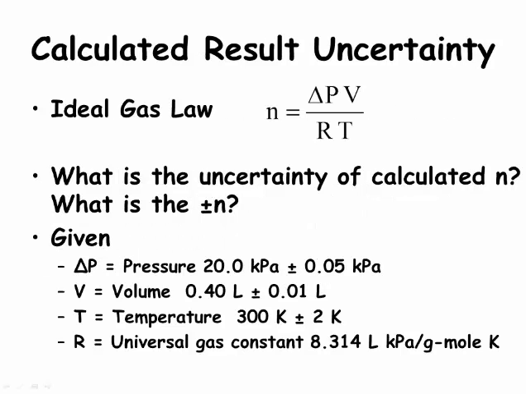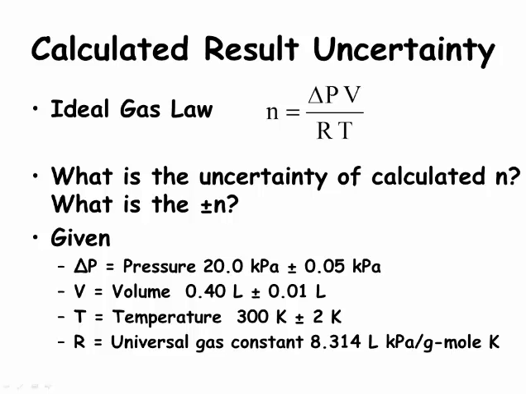Here is the ideal gas law and some of the information we will need to do an uncertainty analysis. We need the equation, a typical measured value for each variable, and the measurement uncertainty for each variable. For this example, which I will complete later, the typical measured pressure change delta P is 20.0 kilopascals plus or minus 0.05 kilopascals.